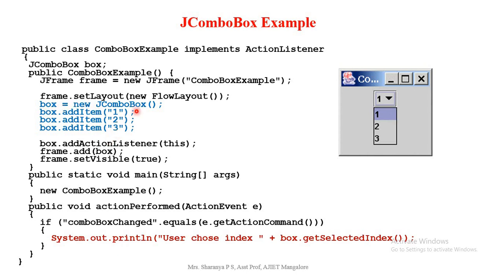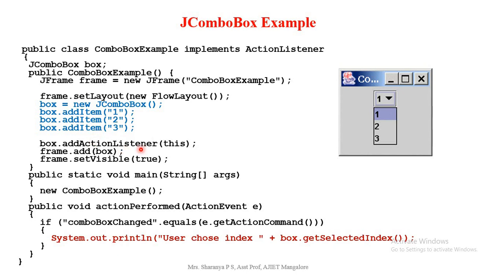After creation of the JComboBox, using the method addItem, the items I want to display are 1, 2, 3. This is how it will look on the output screen. This is all added to the box object, which is a JComboBox.